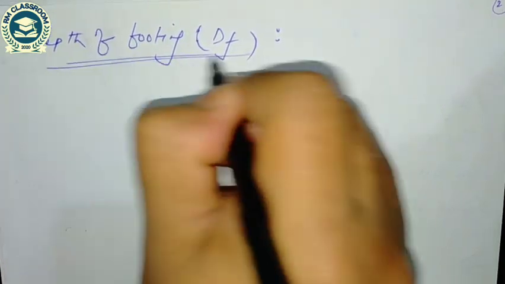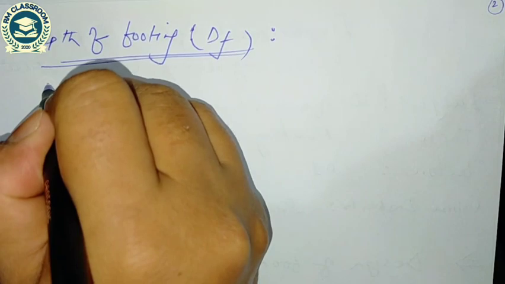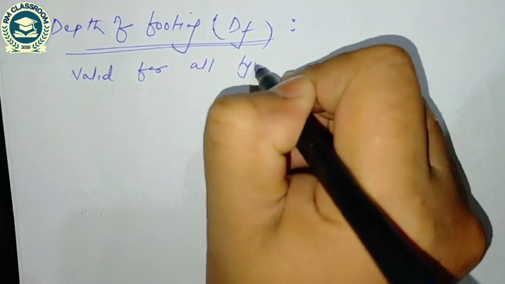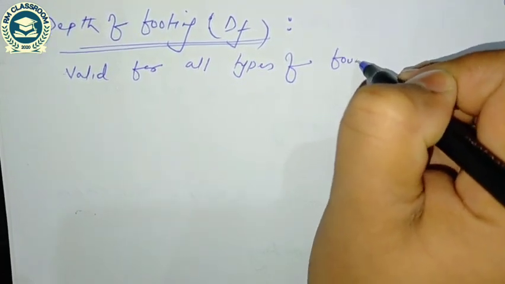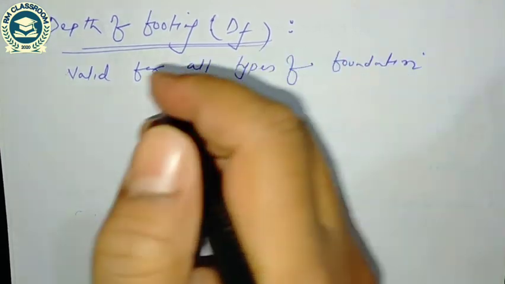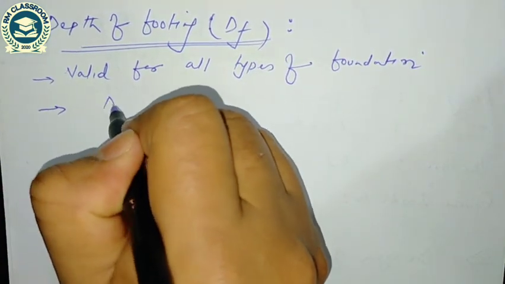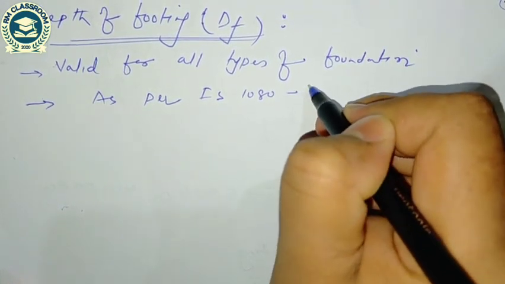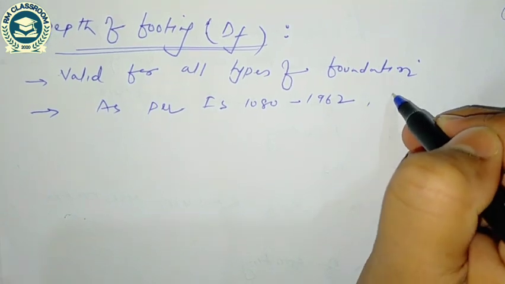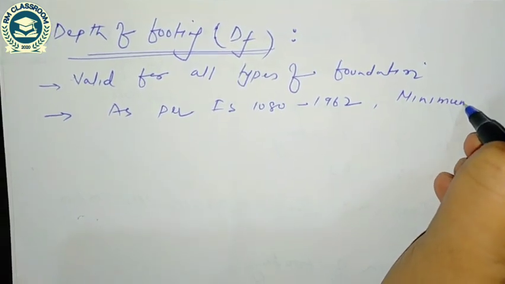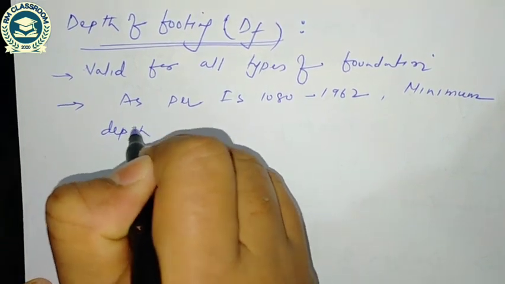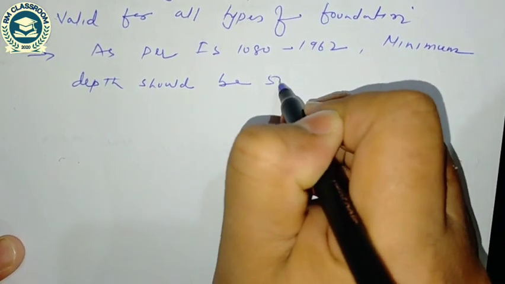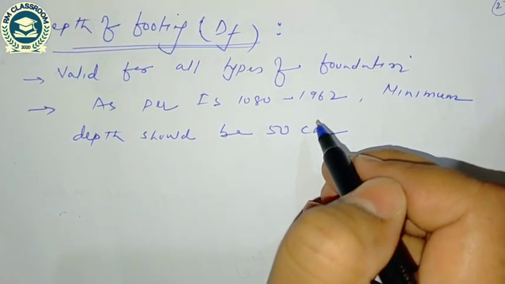This depth of footing or foundation is valid for all types of foundation, and the code suggests, as per IS 1080:1962, the minimum depth should be 50 centimeter or 500 mm.